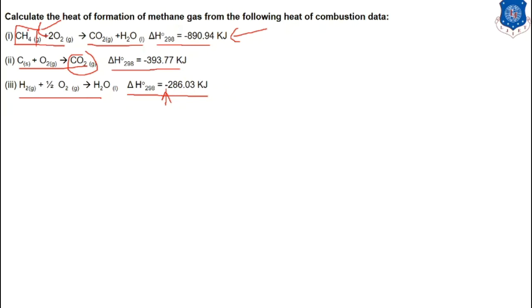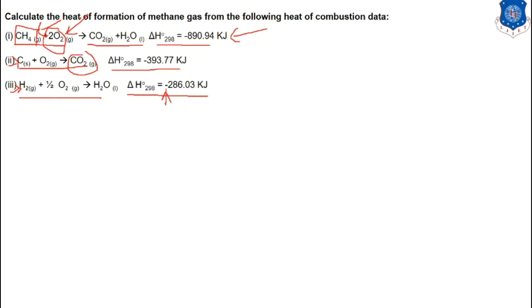First we have to find the heat of formation for CO2 and H2O, which is already given in these reactions. Heat of formation for an element is negligible, so we are not considering heat of formation for elements, which means molecules of only one kind of atom, such as oxygen, hydrogen, carbon, nitrogen.